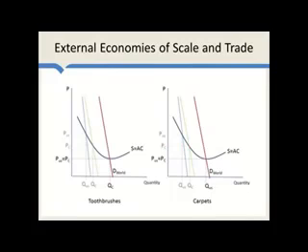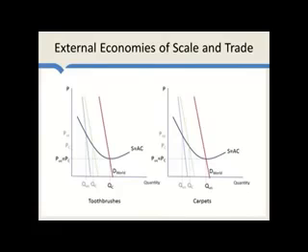Now, if we have a cluster such that all the toothbrushes are made in China and all the carpets are made in the United States, then the cost of producing toothbrushes falls, the cost of producing carpets falls, so now China produces a lot more toothbrushes, their quantity of production increases. The United States produces a lot more carpet, but because the cost of both of these goods has fallen due to taking advantage of these external economies of scale, China and the United States can trade carpet for toothbrushes, and both countries can be better off.